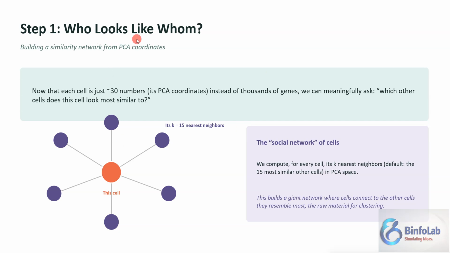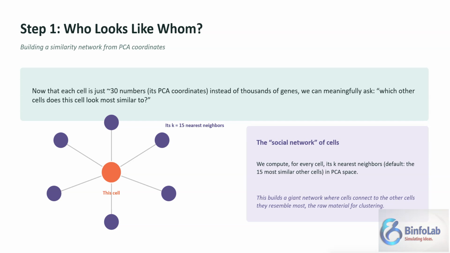Who looks like whom? Building a similarity network from the PCA coordinates. If you have a question about where the PCA coordinates come from, in lecture 3, the previous step, we solved the PCA problem. Now we have PCA coordinates, PCs first, second, and third.